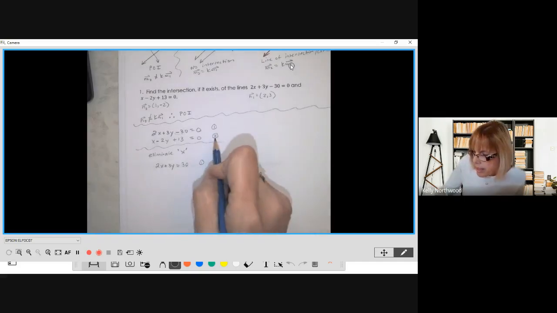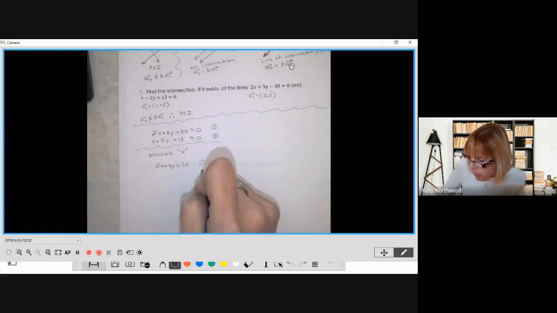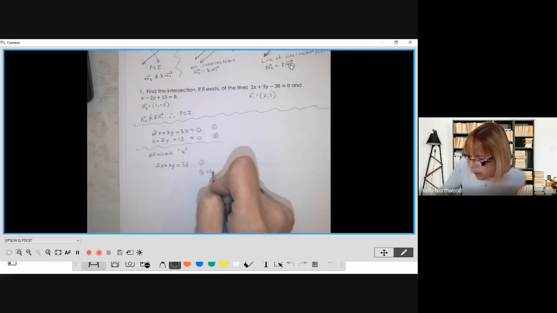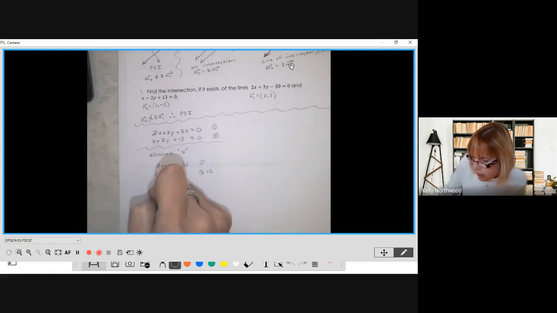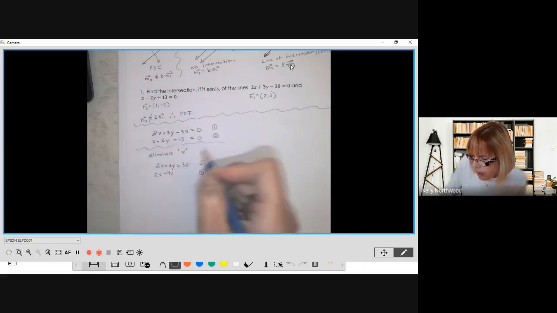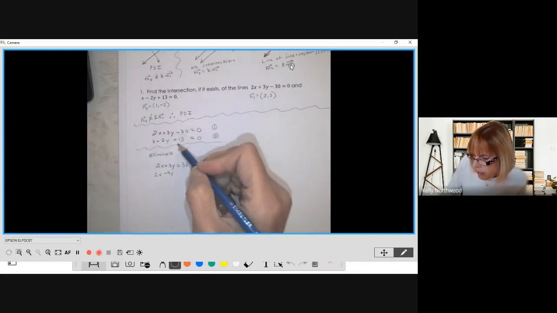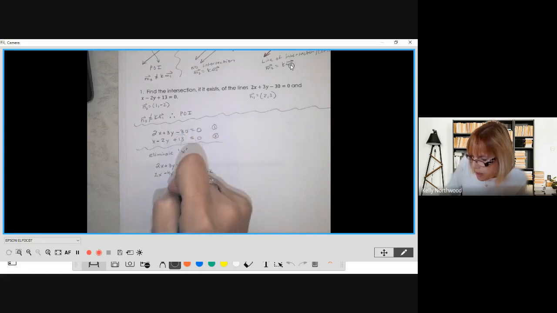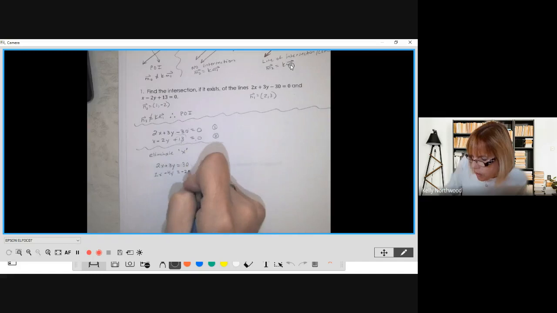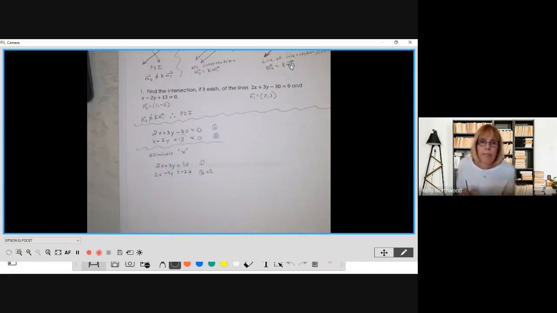And I'm going to do the same thing here, but I'm also going to multiply equation 2 by 2 at the same time. So I'm going to multiply the x by 2, negative 2y by 2. I'm also going to multiply the 13 by 2, which makes it positive 26. But since I want it on the other side of the equals, it's going to be negative 26 over here.